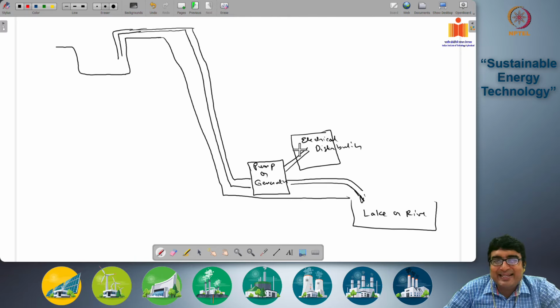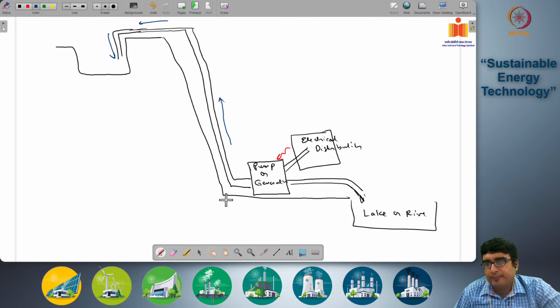So basically then when you have excess electricity, that electricity is moving into the pump or generator from the electrical distribution grid, and this pump and generator is then pushing the water up the incline like this, and it is filling the reservoir. Okay, so the electrical energy is expended to push the water from the lake or the river into the reservoir.